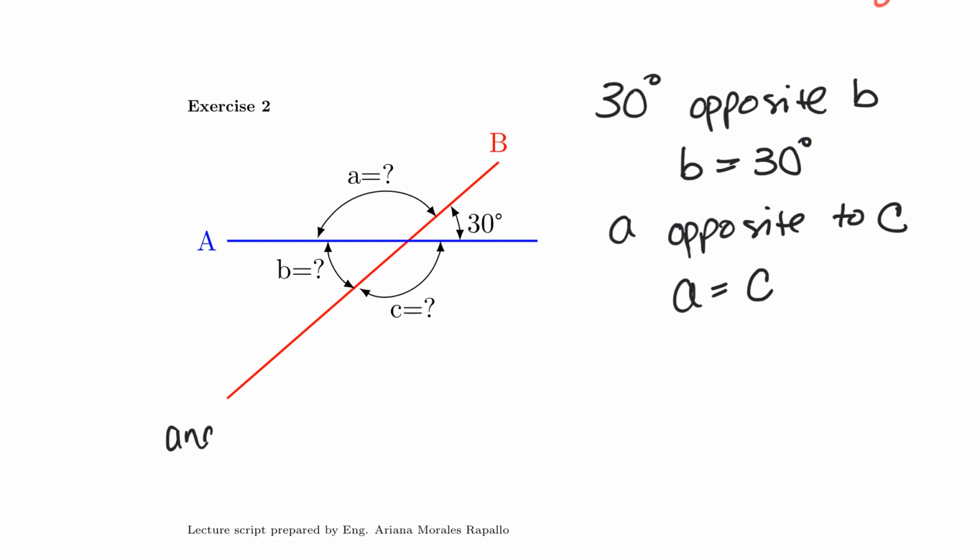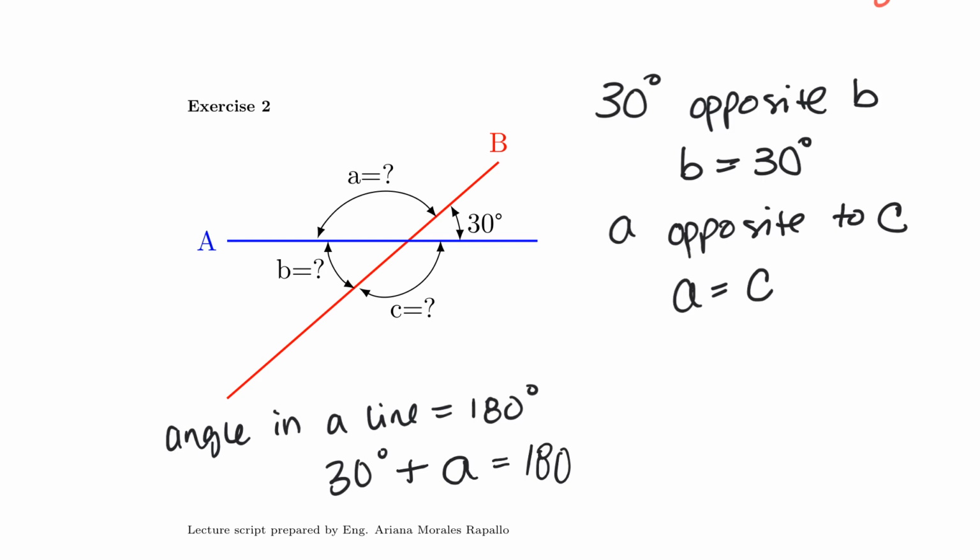So 30 degrees, the one that we are given here, plus A is equal to 180 degrees, making A equal to 180 degrees minus 30, and that gives us a total of 150 degrees.